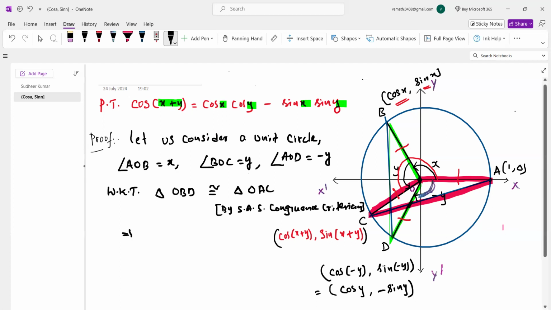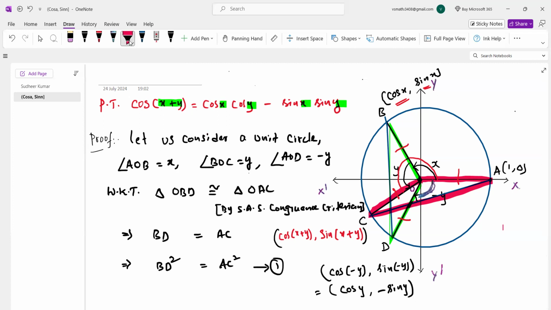So that their corresponding parts are equal, we can write BD equal to AC. Now, squaring on both sides to get BD square equal to AC square. Let us consider this as equation 1.